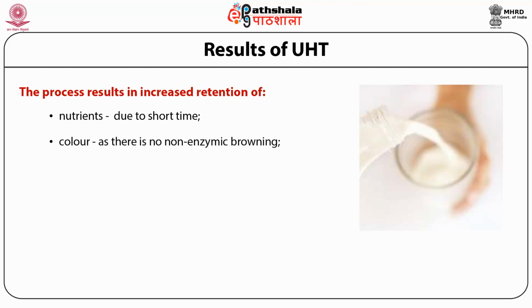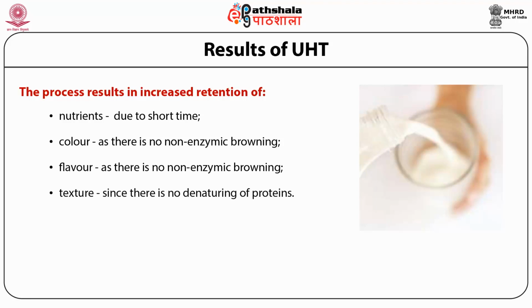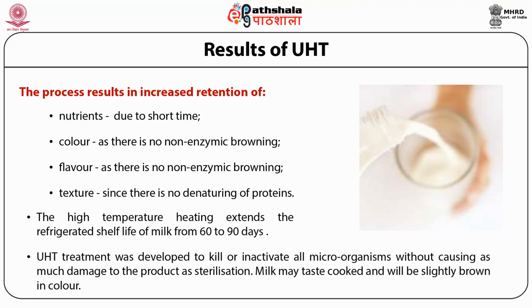There is no enzymatic browning of the product, which results in retention of color and flavor of the product. The proteins are also not denatured, therefore, the texture of the product is also maintained. The high temperature heating extends the refrigerated shelf life of milk from 60 to 90 days.